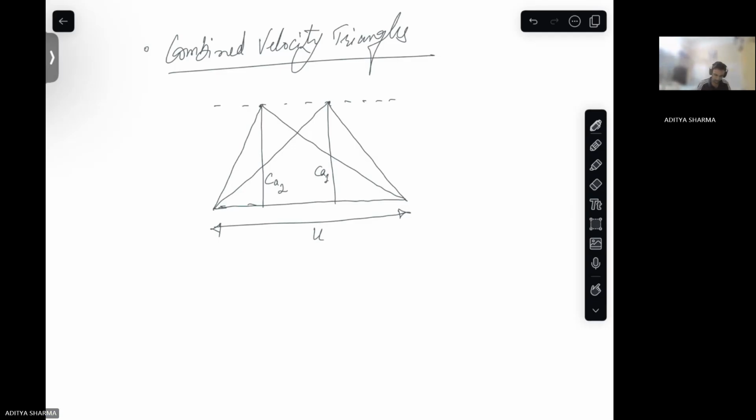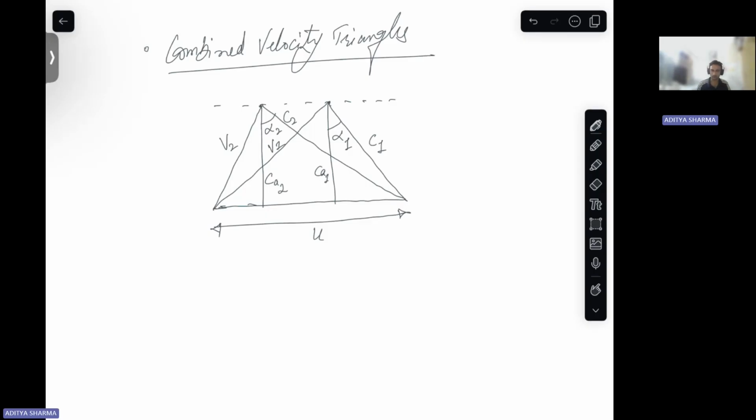So this is your C1, this is your C2, this is your V2, this is your V1. I hope this is clear. There is no doubt in it. This is your fluid angle, or the velocity triangle related to your stator. Or you can call it outlet velocity triangle. Right?